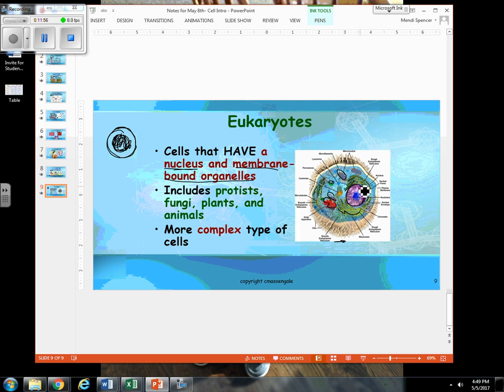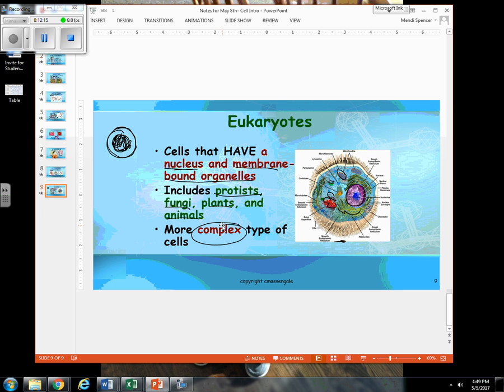Now, eukaryotes, they're going to be your plants and your animals. They're going to be fungi, so think mushrooms, and they will also be cells that are protists. Now, eukaryotic cells, they're usually more complex than prokaryotic cells as well.